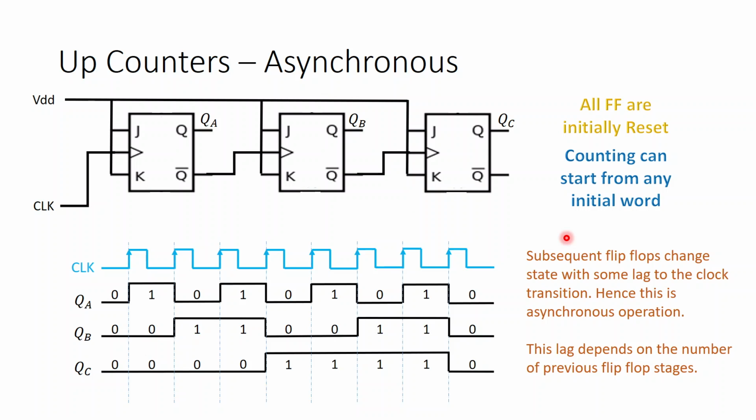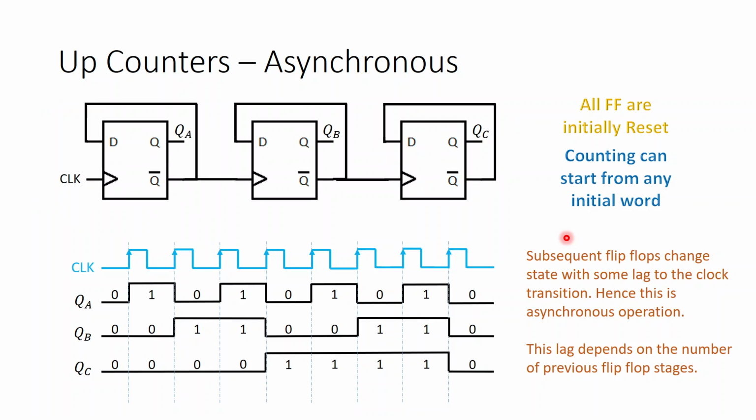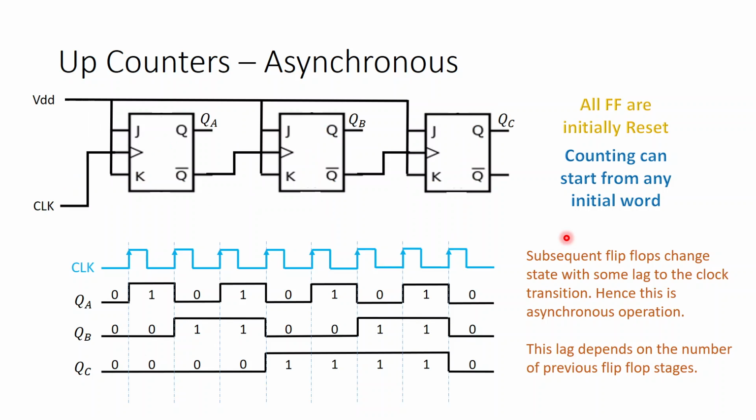So we have to connect J and K together to VDD, which is the high voltage, and then give the clocks as we had given in the previous connection also. Clocks are fed from Q bar. So the clock feeds the initial flip-flop. However, in the subsequent flip-flop, the previous Q bar is acting as the clock.